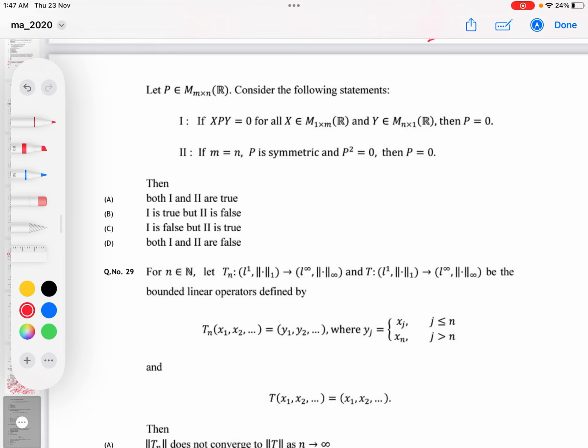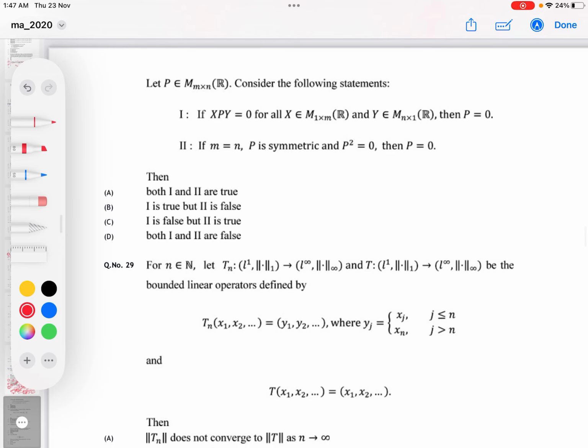Okay, so this one: let some matrix P be m by n. Consider the following statements. Statement 1 is given that xPy is equal to 0 for all x belongs to 1 cross m.